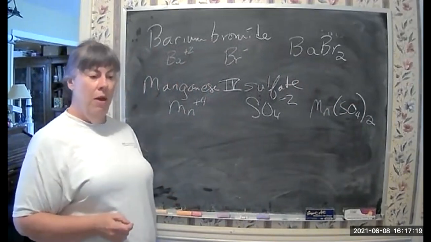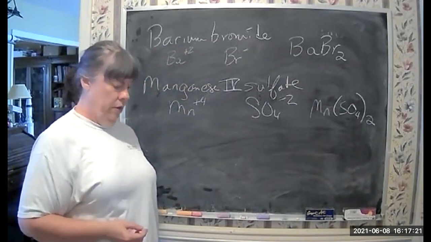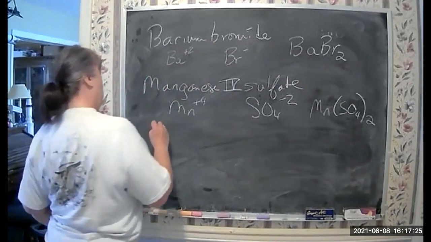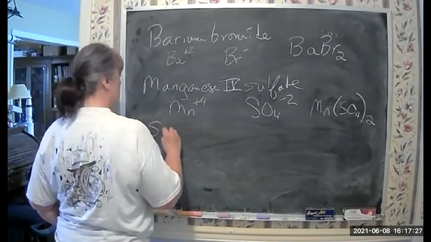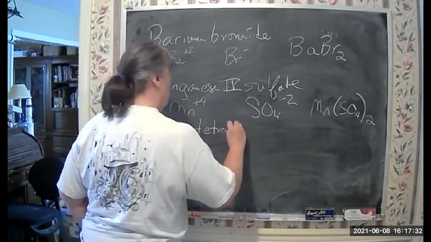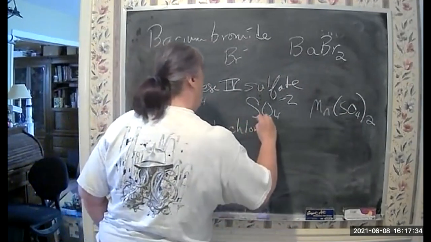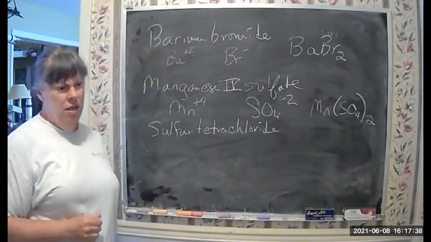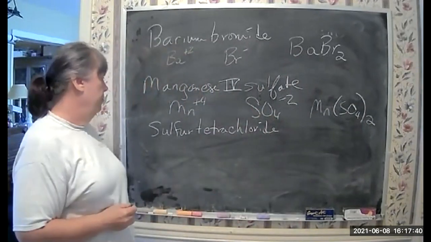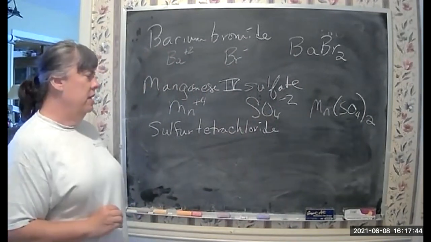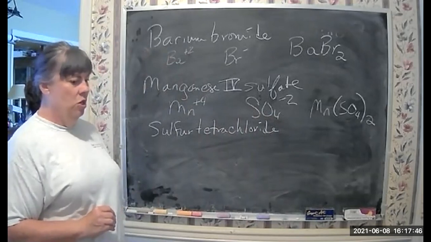How about one that has no metals? We talked about one of the categories as being ones that have no metals at all. We could do sulfur tetrachloride. And one of the weird niceties about molecules that have no metals at all is we actually don't have to worry about the charges.